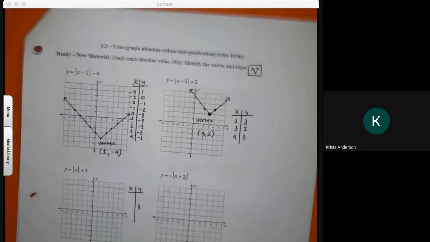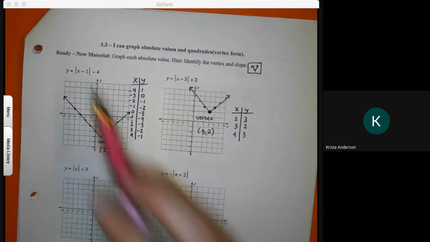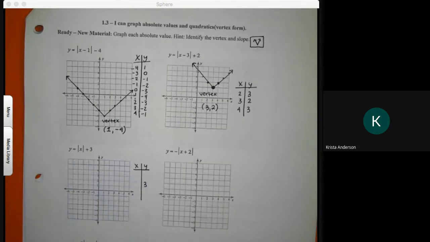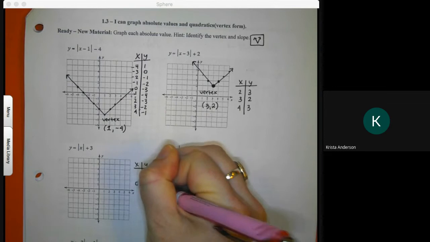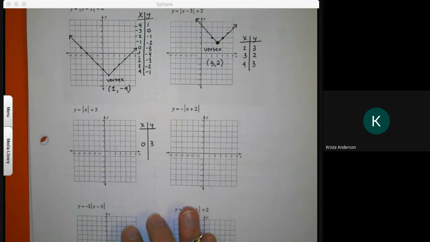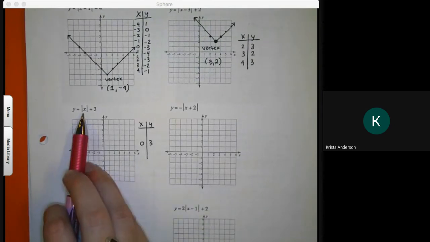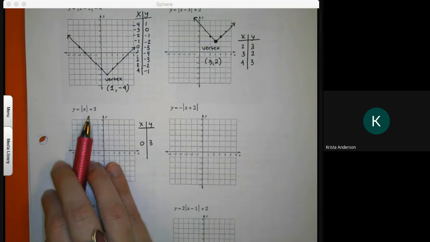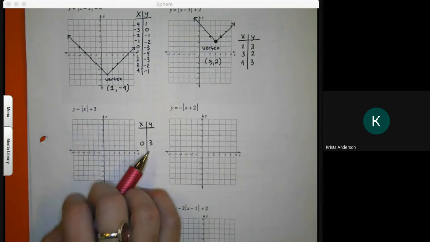Remember up here, we had a 1 in order to get a 1. Good idea though. 0. There's no number. It's a 0. There's no number in with the x value. I have a 0, comma, +3.